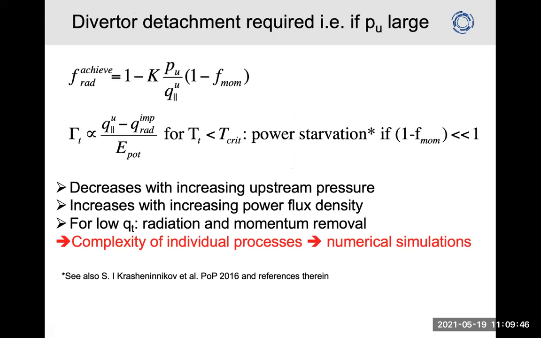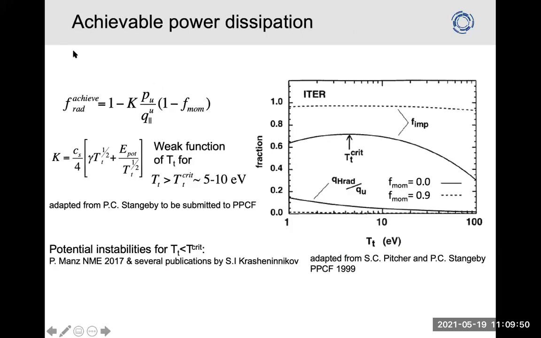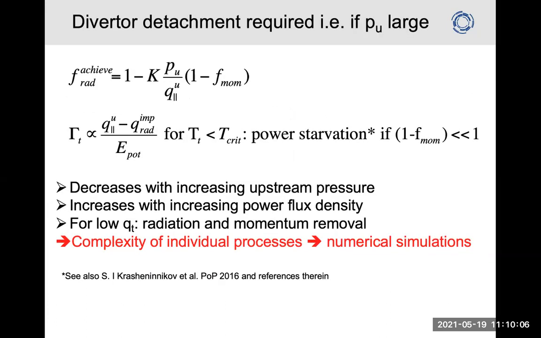But you can only reach these low temperatures if you have radiated enough power and dissipated enough power. And you can only dissipate enough power if you have removed pressure. Okay? So it's usually not an easy concept to digest.